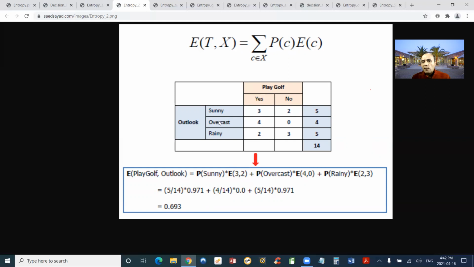Considering the outlook, you will see that most of the time, 3 is bigger than 2, 4 is bigger than 0, and 2 is not far off from 3. Kind of 50-50. So if I wanted to say, can I make a decision on this? Yeah, I would, possibly. I think so, right? So 0.693 reflects the way you see this data.